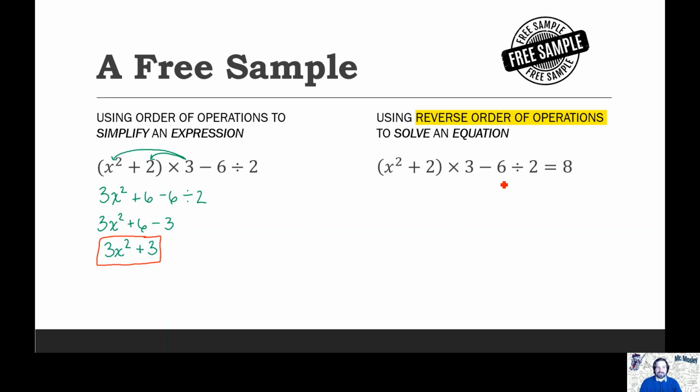But we do still need to pay attention to the normal order of operations on the left-hand side, because I can simplify this first before solving. So essentially, we do the operations from this left-hand side and then swing into our reverse order of operations to strip everything away.